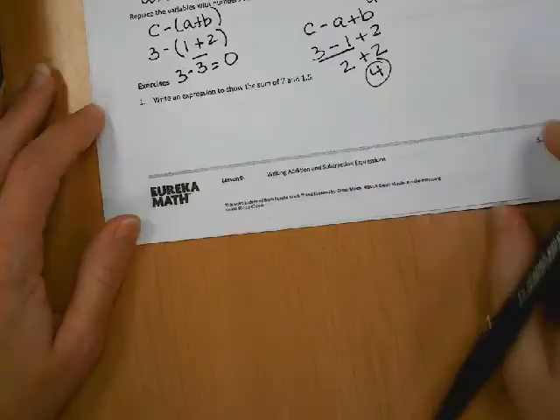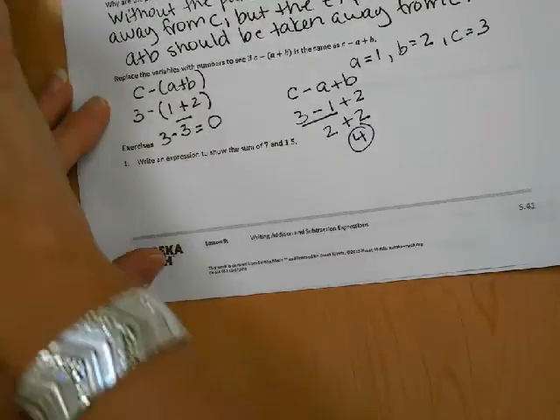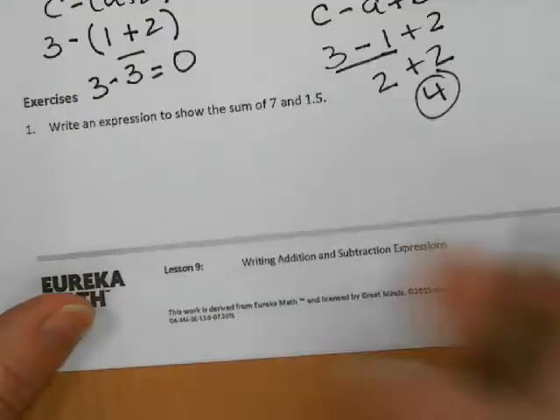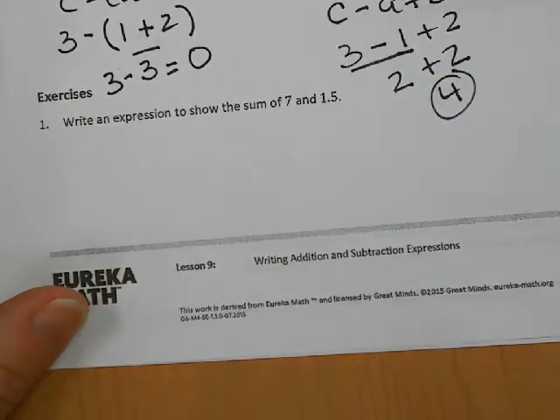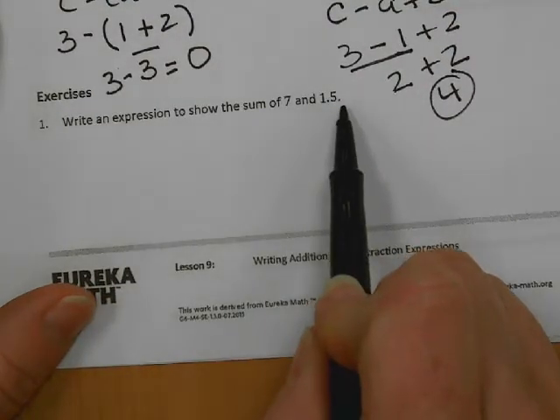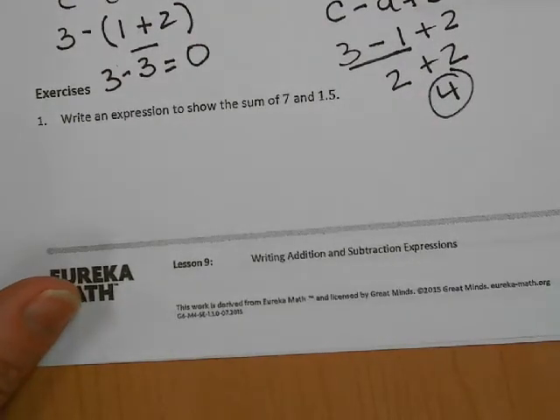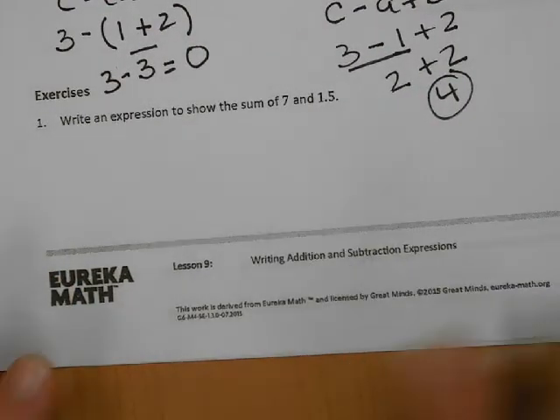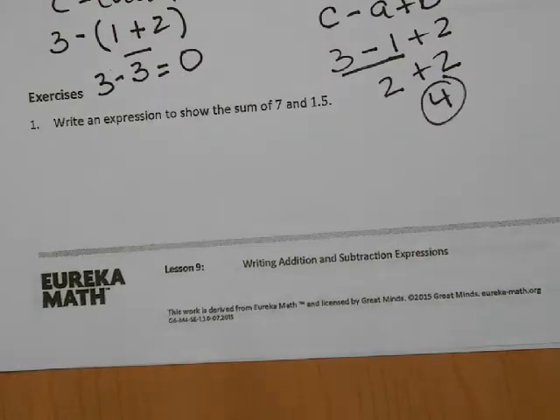Exercise 1. Write an expression to show the sum of 7 and 1 and 5/10. I missed that decimal there. So we're not asked to solve it. They're just asking us to write the expression.